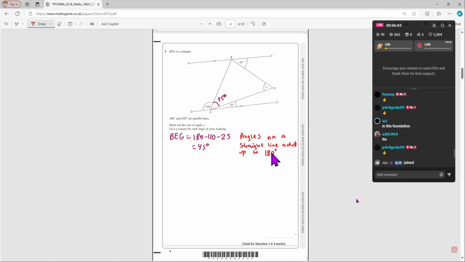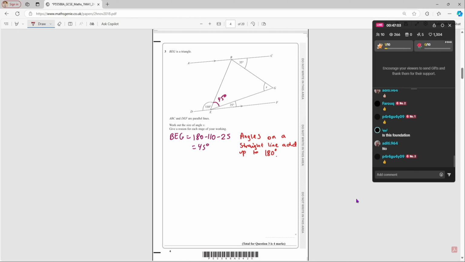Now, once you have done that, moving on to our next one, we can work out what angle ABE is equal to. As you can see, these 2 are parallel lines, and this line goes through those 2 parallel lines.